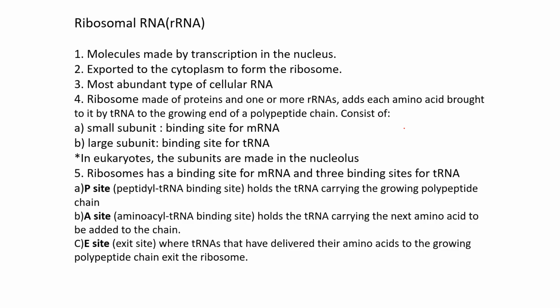Ribosome consists of a small subunit and a large subunit. The small subunit is the binding site for mRNA, and the large subunit is the binding site for tRNA. Look at the diagram of the ribosome in your module. I'm sure you are able to identify which one is the small and large subunit of the ribosome.